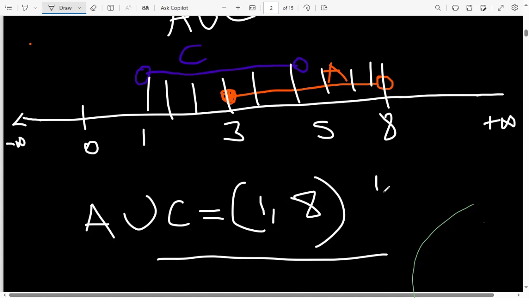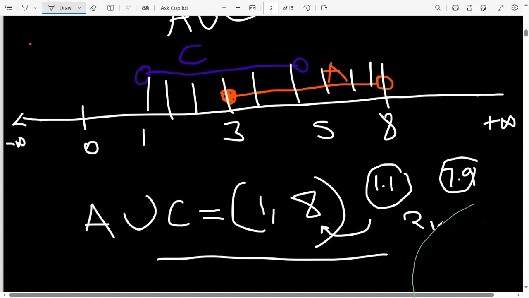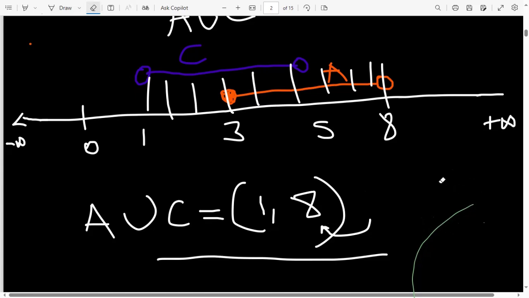So if I get 1.1, this 1.1 will be included, or I get 7.9, this 7.9 is in this set. So if we say 2 to 7, no, you should have cut some of the members in that set. So 2 to 7 is not correct. Have you understood me? Okay, yeah. So if we do that, we would have cut some of the members.